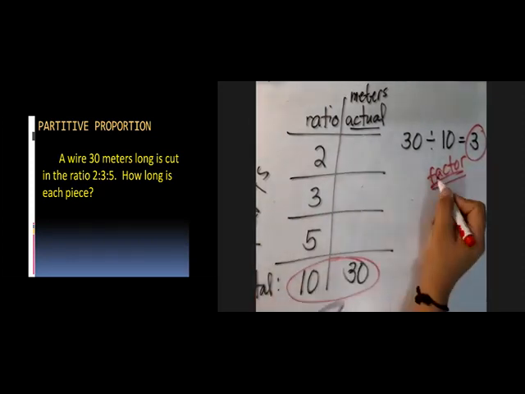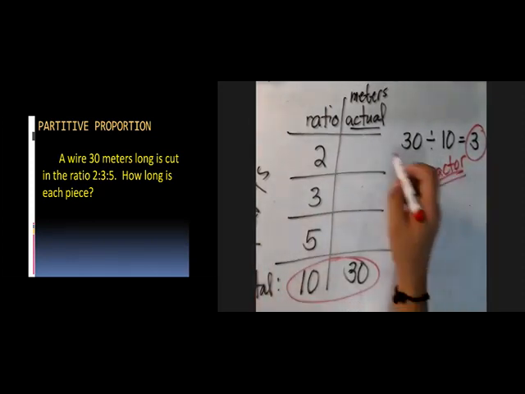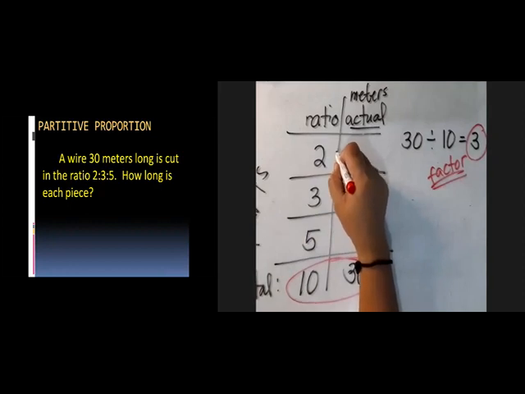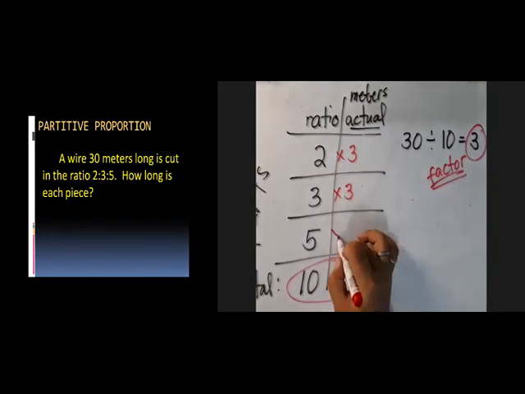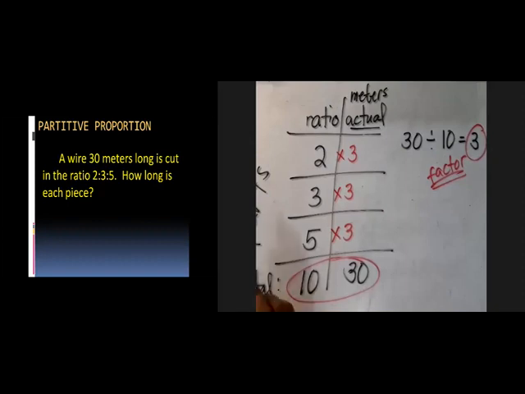We'll write it in red. Okay? Red, ha? So, we multiply it here. 2 times 3, 3 times 3, and 5 times 3. Okay? So, we carry out the process.